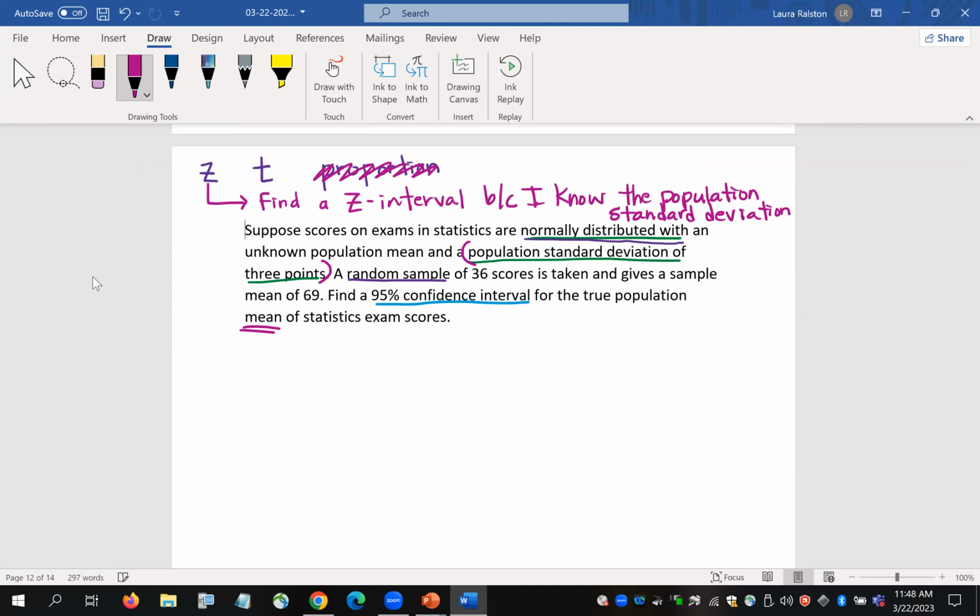Okay, that's how I know that I'm going to do a Z interval.